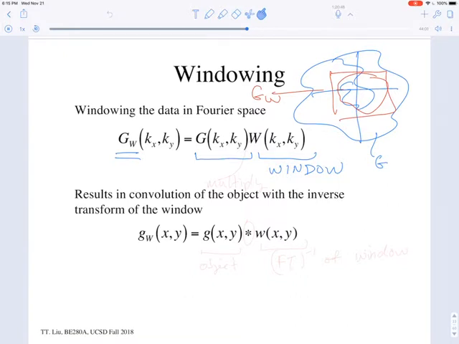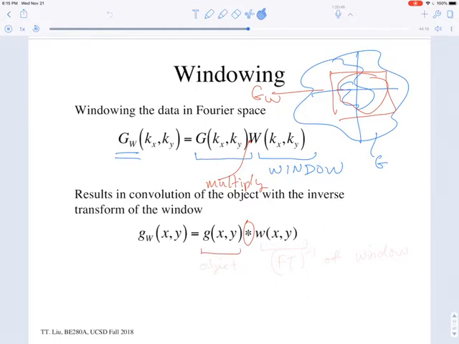The question is, how far out do we need to go in k-space? Now we see this is a multiplication. I've multiplied in the Fourier domain, so therefore, I must convolve in the image domain.